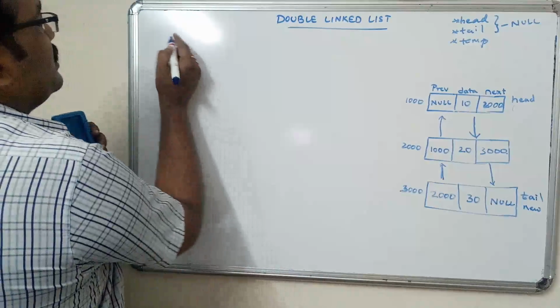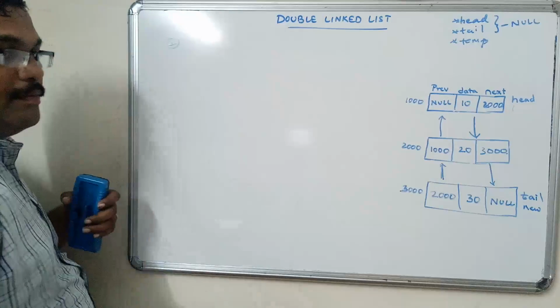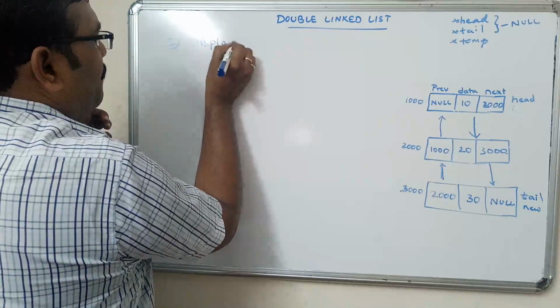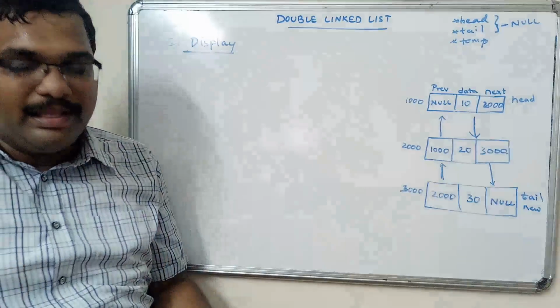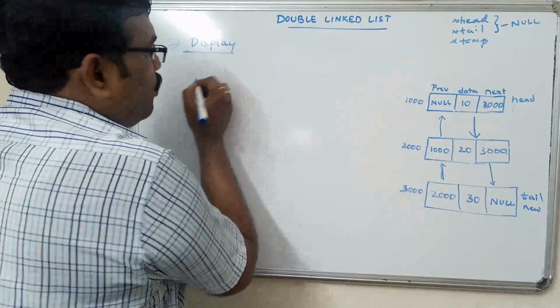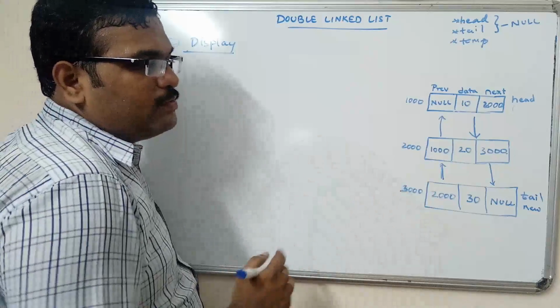See, the second one is display. So how to display the elements of a linked list. So we have to travel through this.